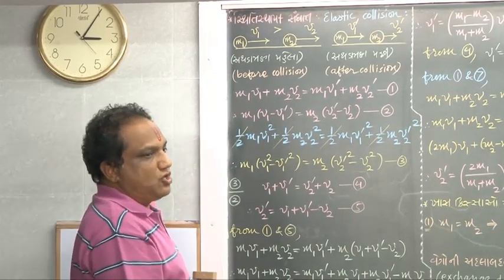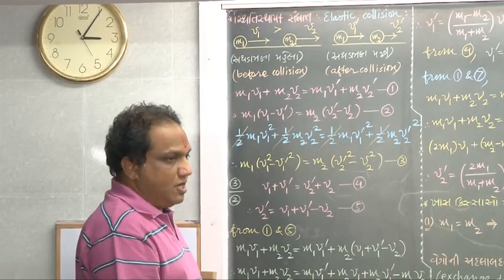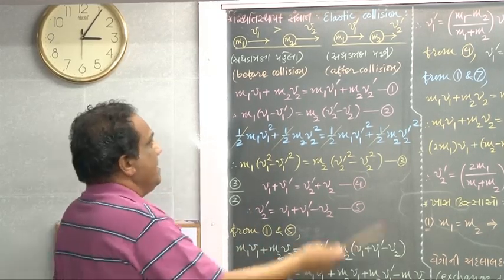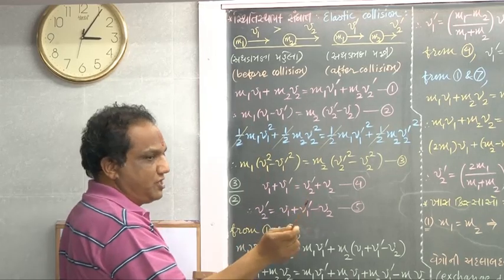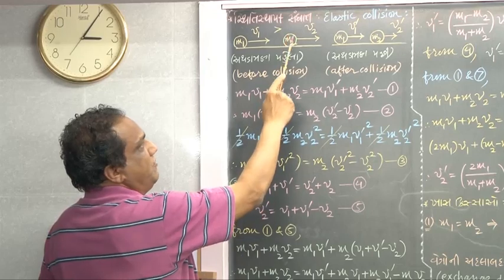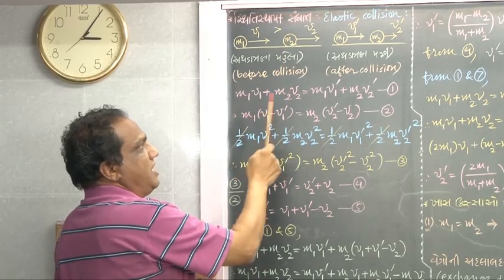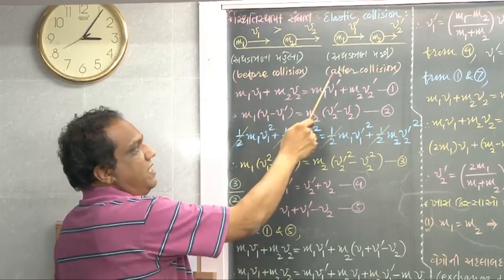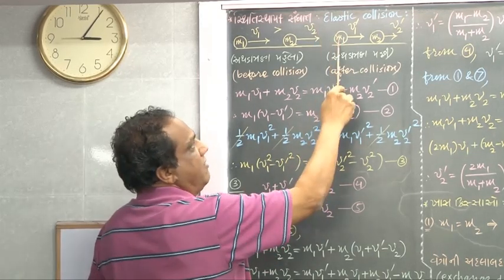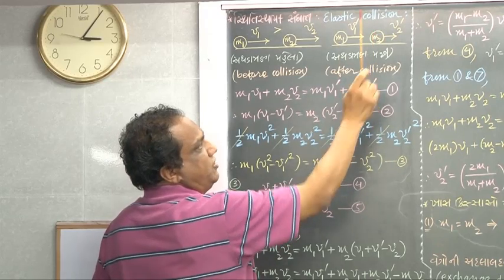Apply now the law of conservation of linear momentum. Total initial momentum should be equal to total final momentum. Momentum is mass into velocity. For the first body m1 v1, plus for the second body m2 v2. Without dash means initial momentum, and with dash means final momentum. So in the final condition, m1 v1 dash plus m2 v2 dash.